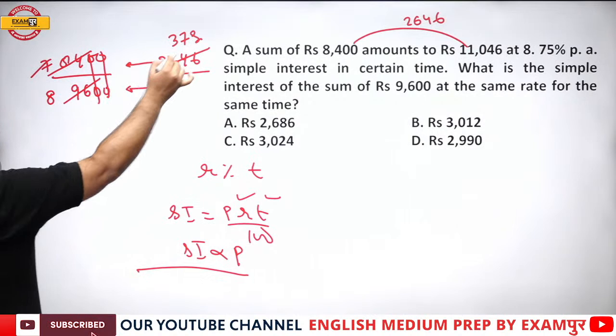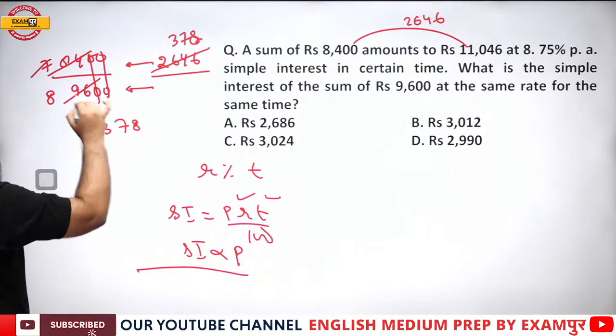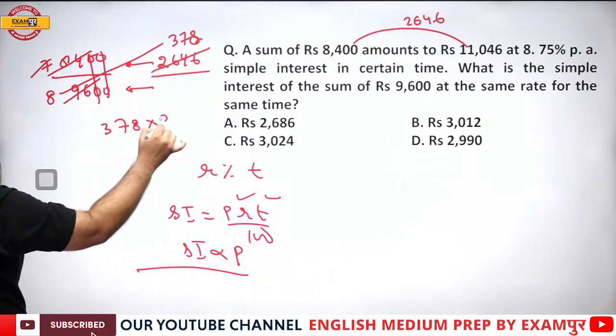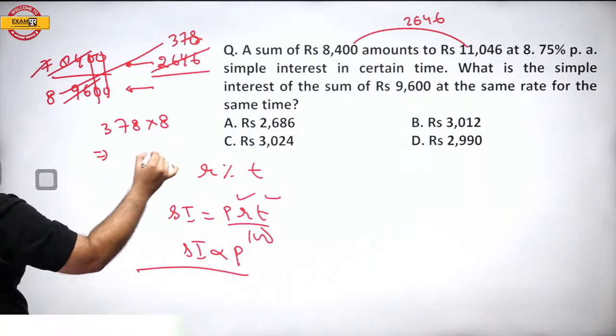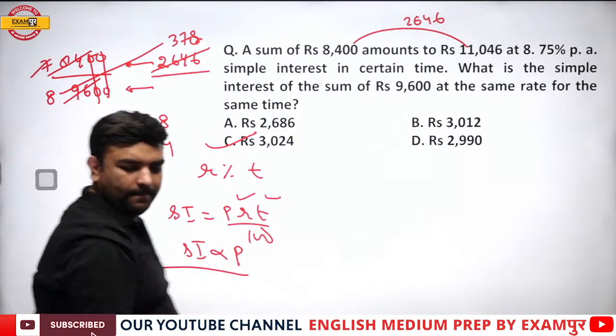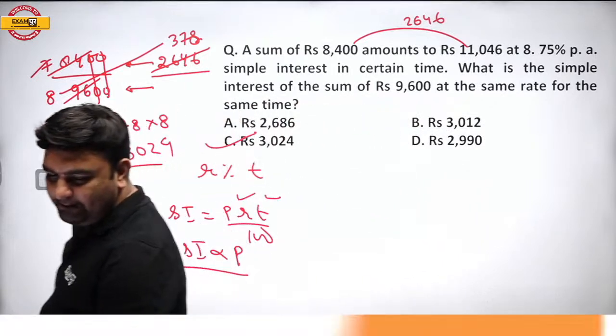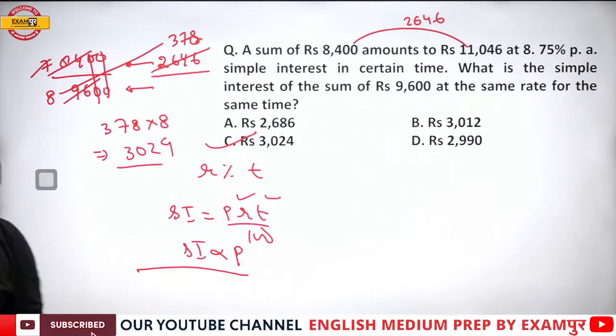So you will get an interest of 378 into 8. Great approach. Good approach.